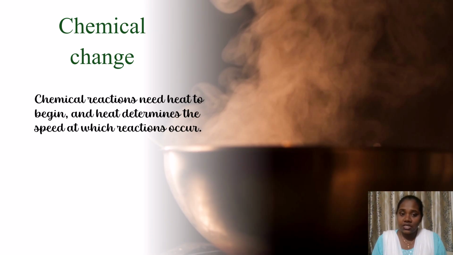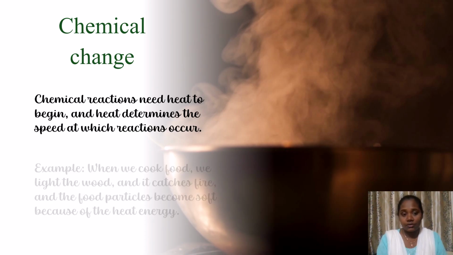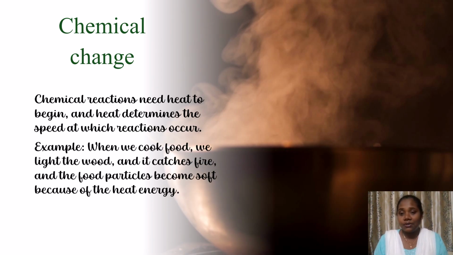Chemical reactions need heat to begin, and the heat determines the speed at which the reaction occurs. An example is when we cook food. When we light the wood and it catches fire, the food particles become soft because of this heat energy.